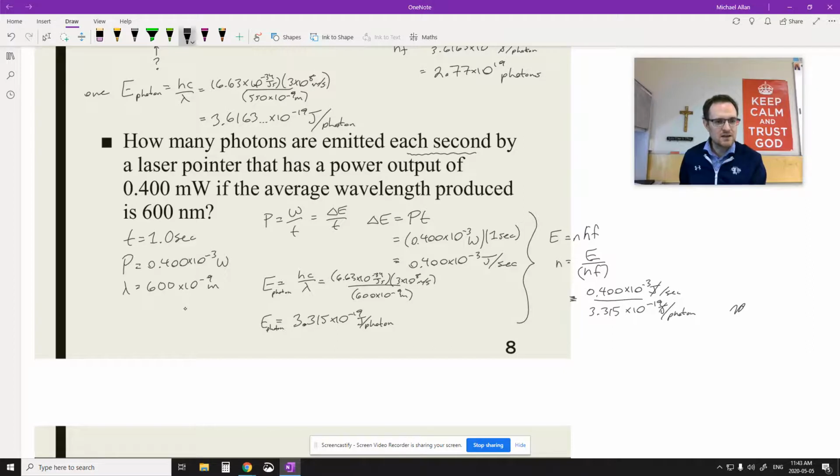So the joules are going to cancel out. Things are going to flip around. This will end up being photons per second if you were to do all the unit analysis there. So I'm going to take this 0.4 times 10 to the negative 3 and divide it by my number. And I'm going to get 1.21 times 10 to the 15 photons per second. There you go.